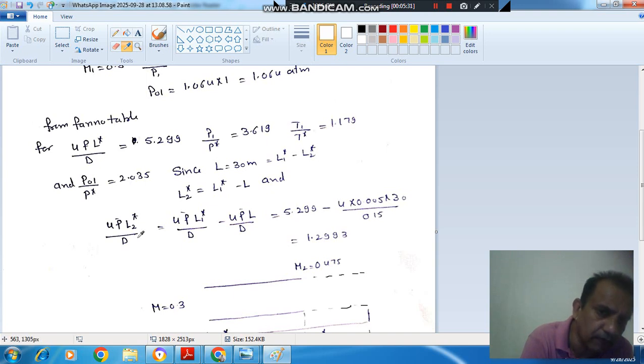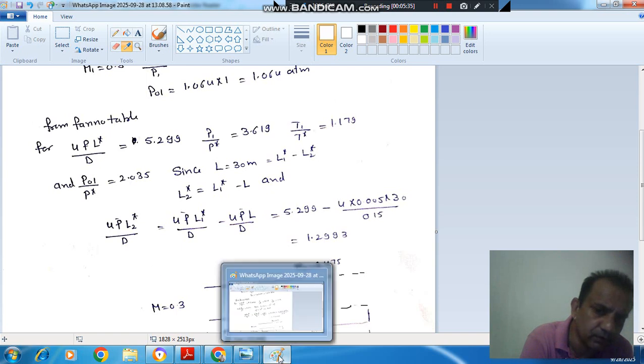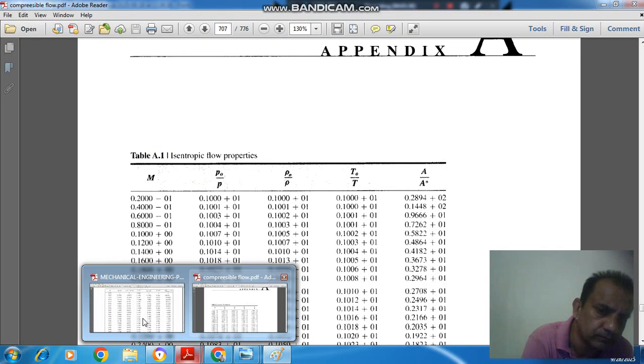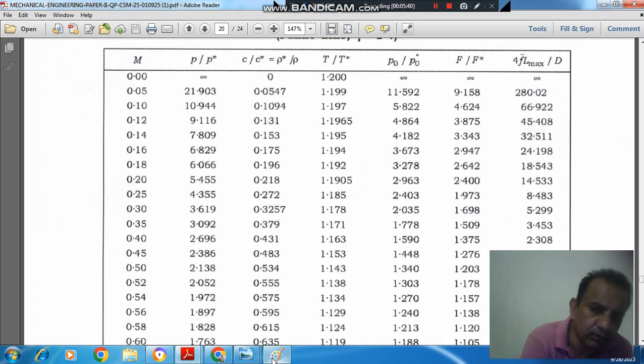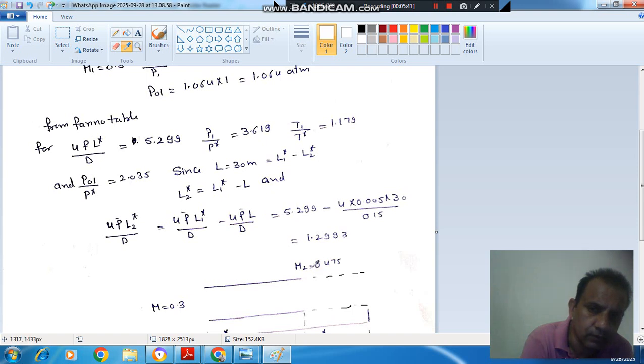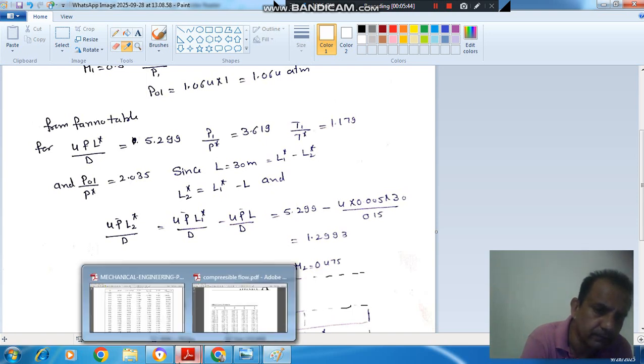Now after calculating this value, we can look at the Fanno table again. That value is 1.2993.